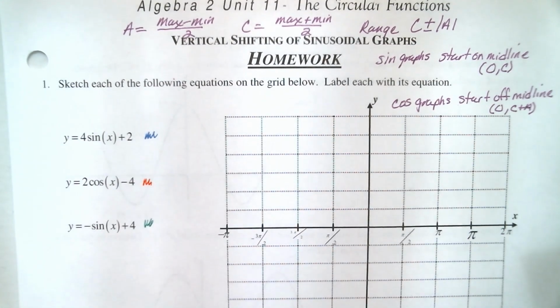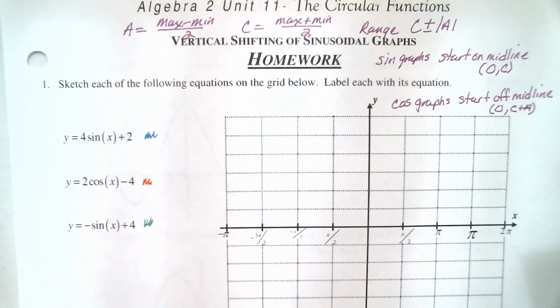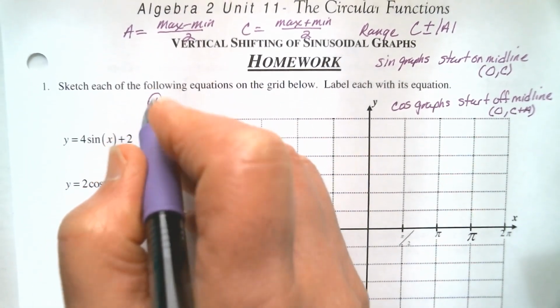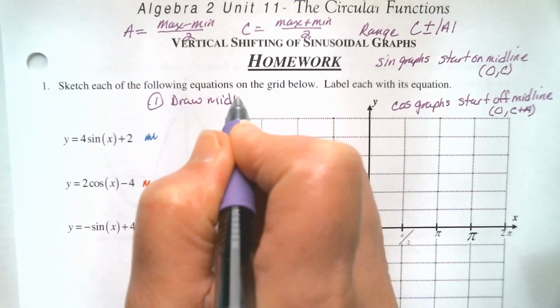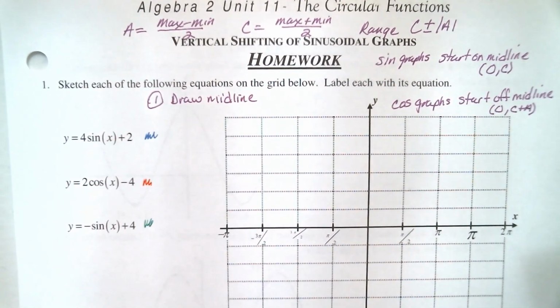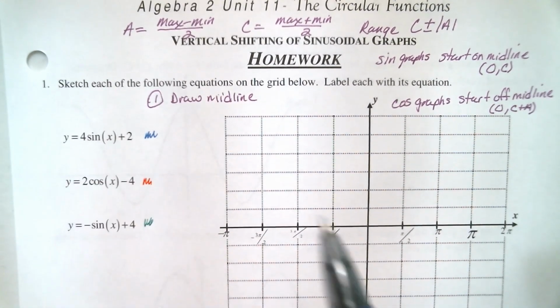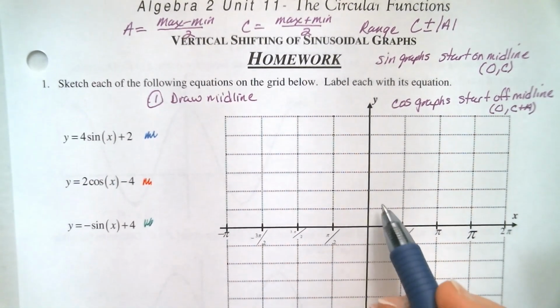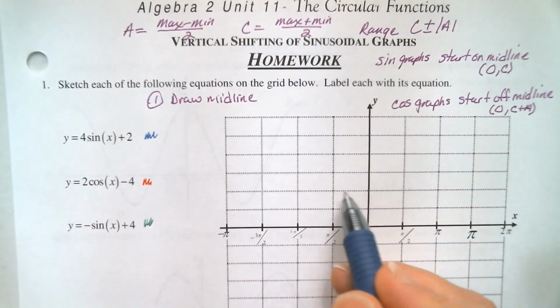So just to get you started with the first problem of the homework, the first thing you always want to do is draw the midline. So y equals 4 sine x plus 2. I'm going to take my blue pen and draw the midline.